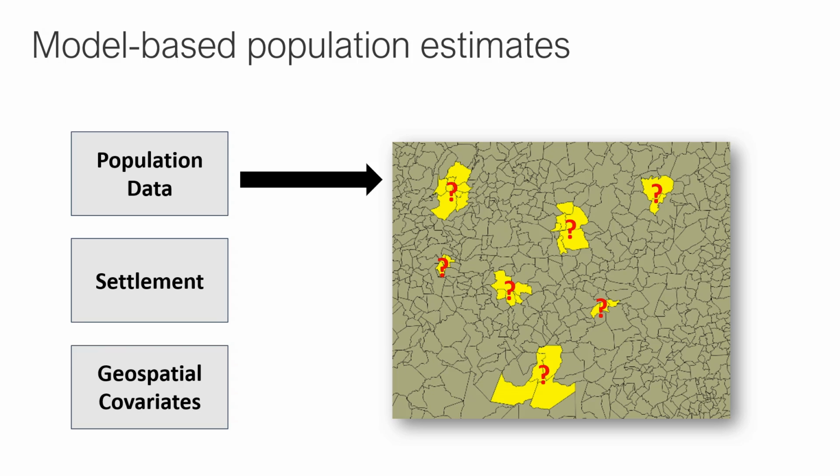Just to visualize this, so maybe we have population data that were collected in these brown areas, but we don't have anything in the yellow areas. Maybe these areas are too unstable, there's conflict in those areas and population enumerators could not go to them for a census.